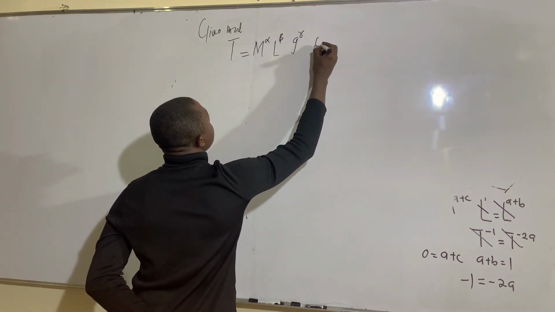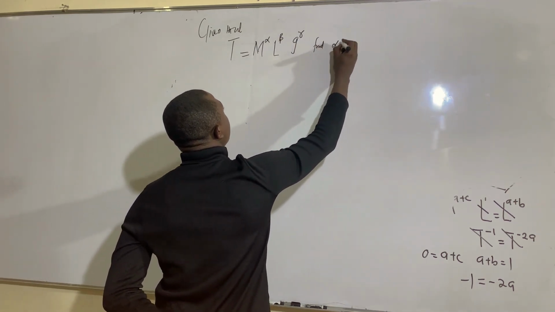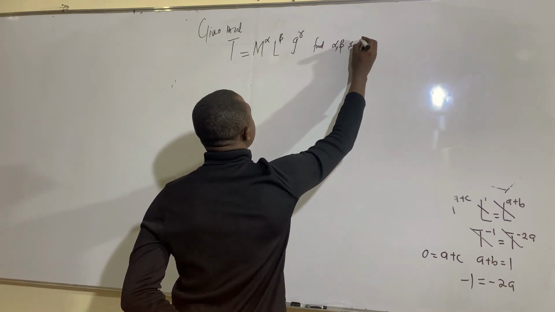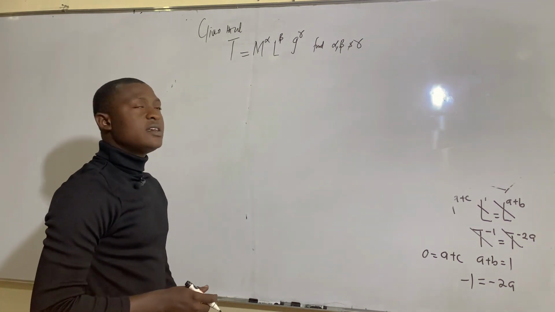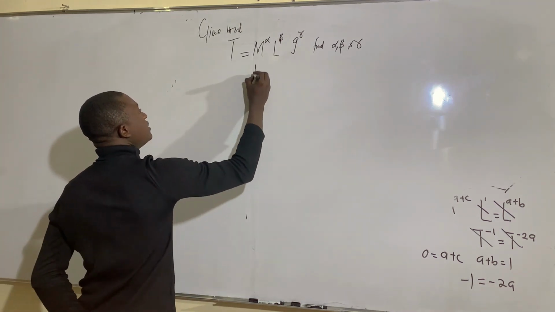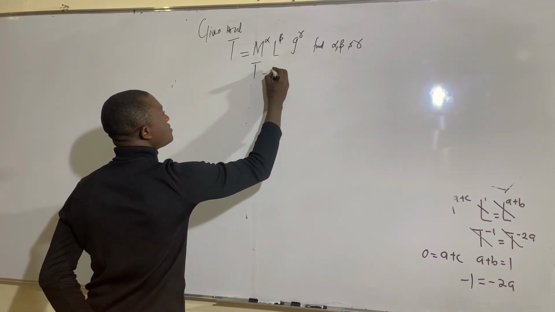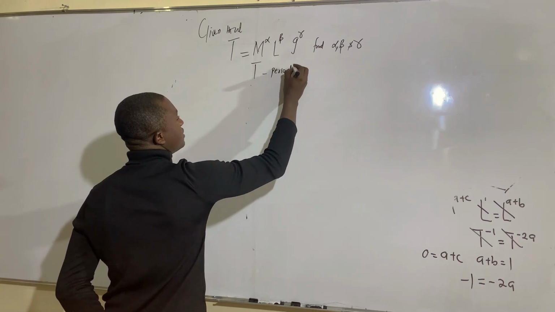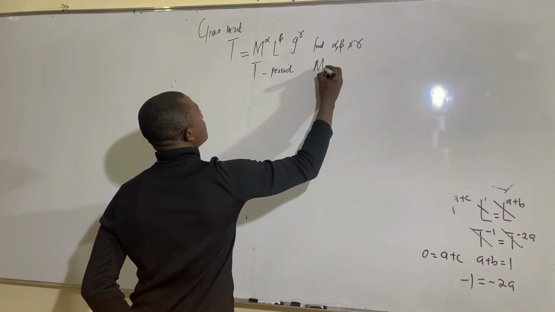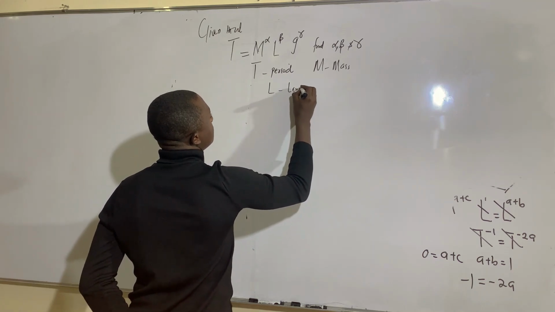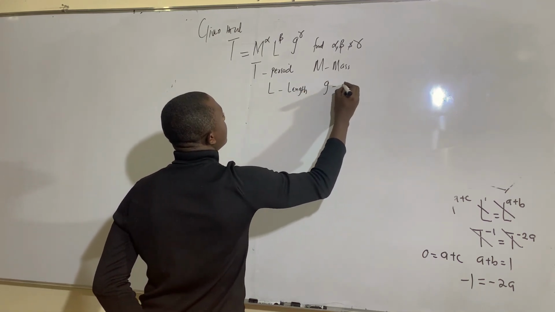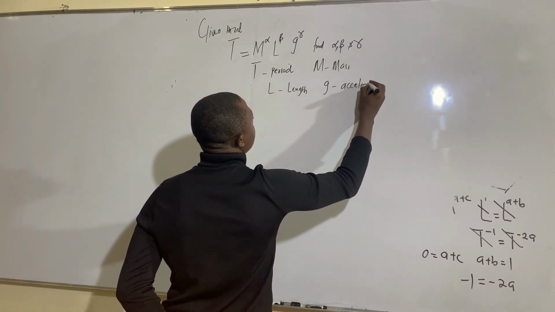You are asked to find alpha, beta, and gamma. Given that T is time, the period of the oscillations, M is mass, L is length, and G is acceleration. So let's say we are given something like that.